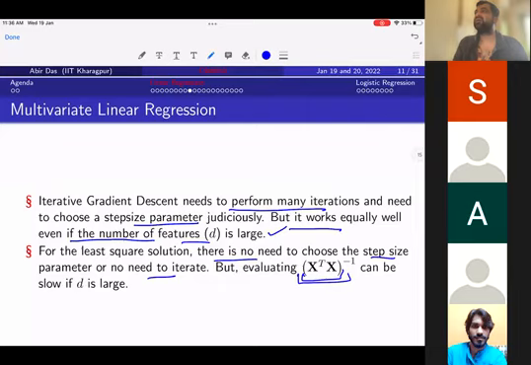What is your question? Can you use the multivariate? I think you got your answer: you can also get an equivalent analytical solution for multivariate. That's good that you are thinking about what can come next.